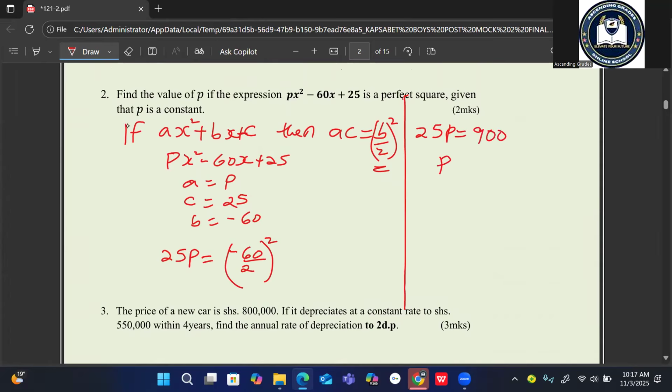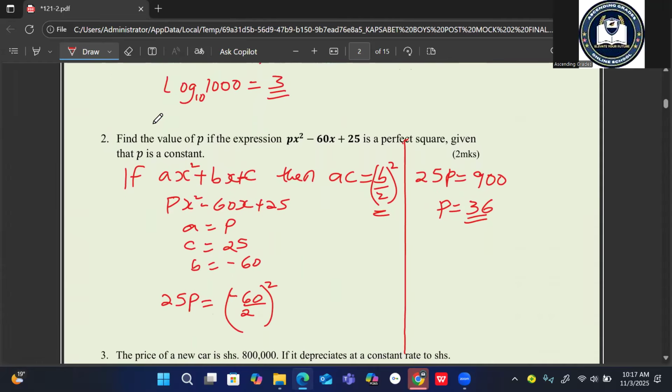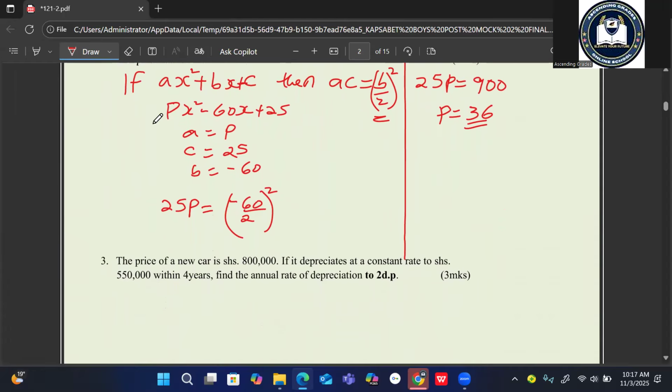So P is equal to 36. That is 900 divided by 25. So that is the solution of that one. Very simple. So you already have your 2 marks. Number 1 was 3 marks. So you are remaining with 45 marks out of 50. So let's get deep into the questions and obtain the remaining marks.